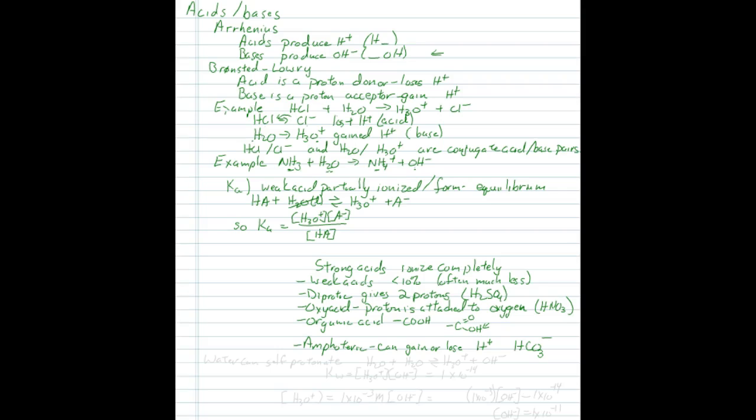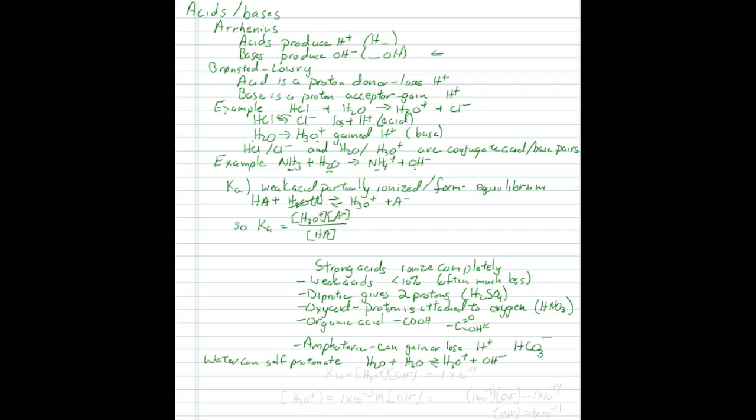You can also have something like water that can self-protonate. It's amphoteric. It can gain or lose an H plus like we've seen above. H2O plus another H2O, remember these are liquid waters, can form H3O plus and OH minus.